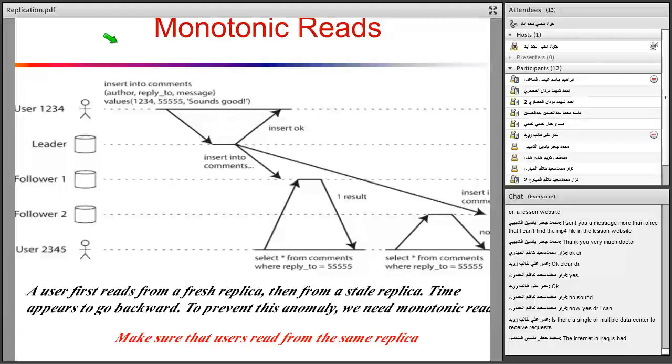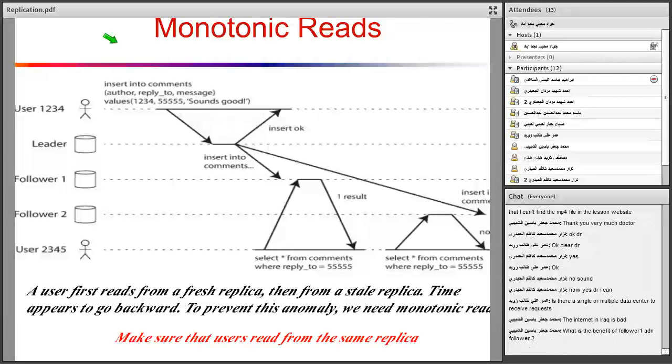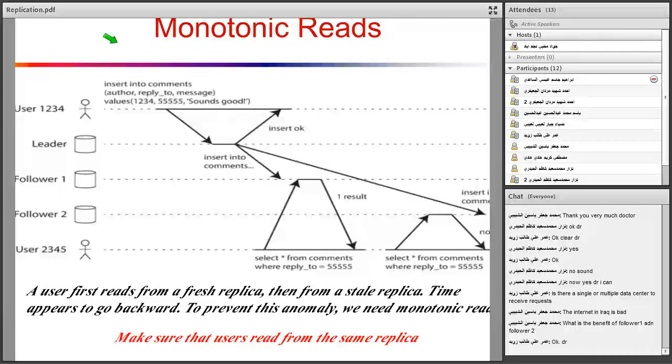So for each user, one data center is specified, and the read after write request should be sent to only one data center, which is specified for that user, and we accept to see the updated information from the specified data center.